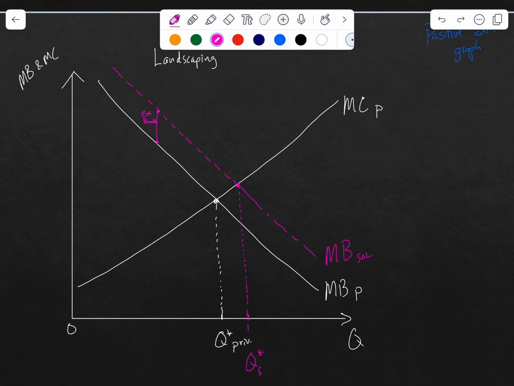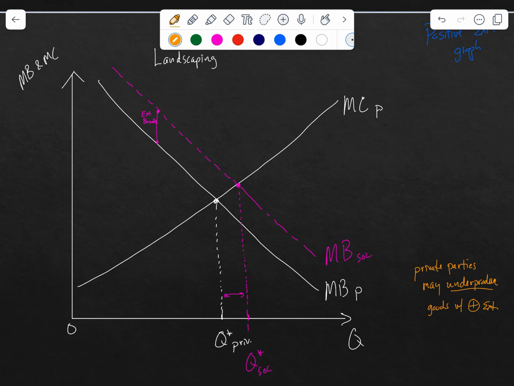So the socially optimal output level, right, the socially optimal level of landscaping is in fact higher than the private one. So this is a case where in the case of positive externalities, we're concerned that the private parties may underproduce goods with positive externalities, right.